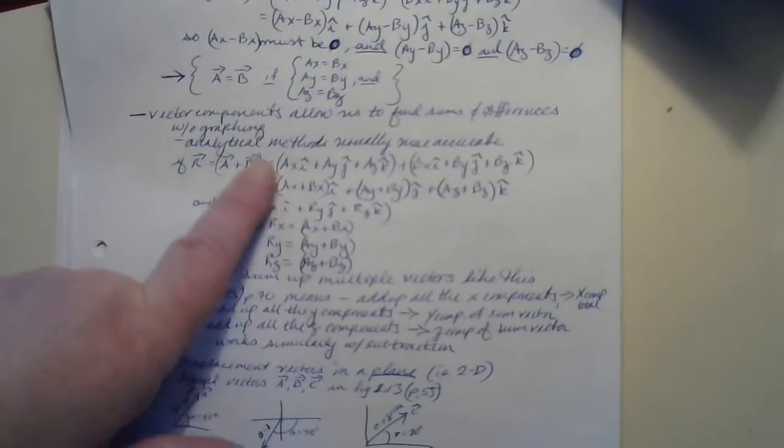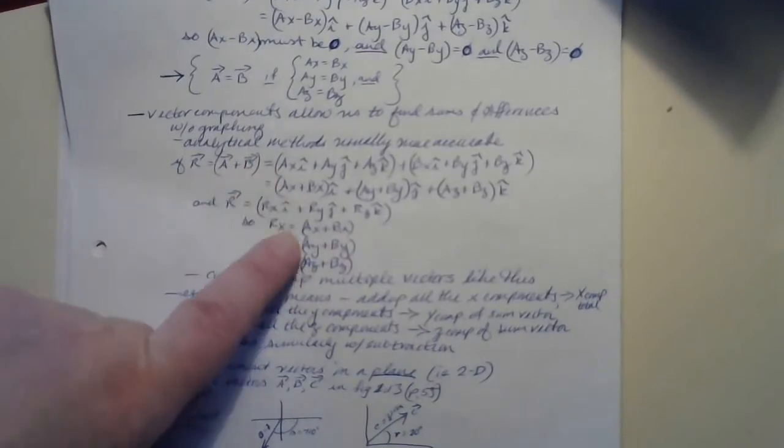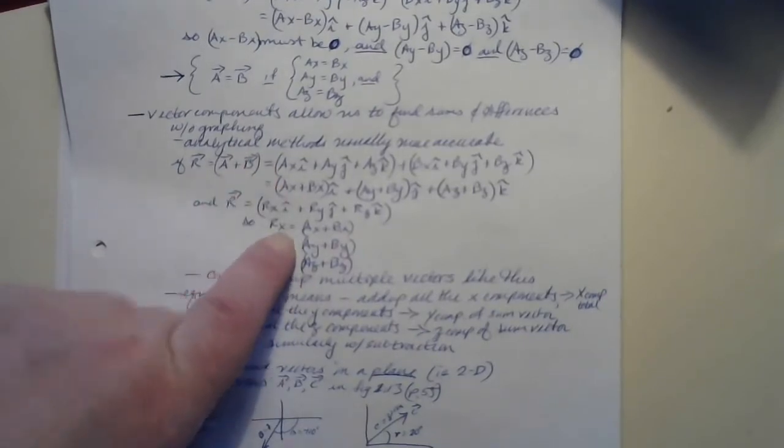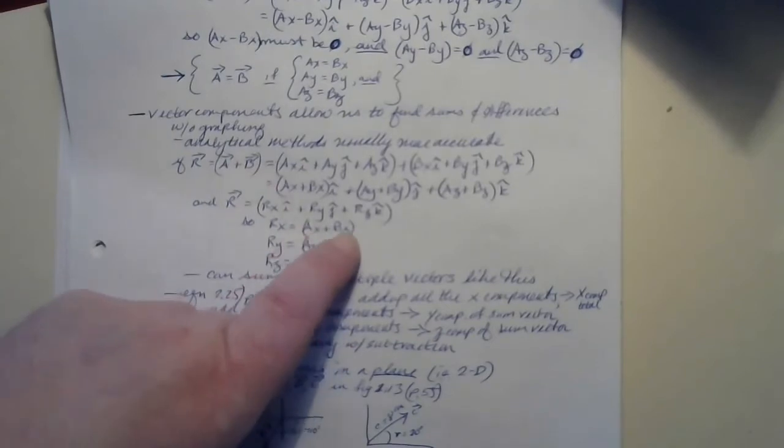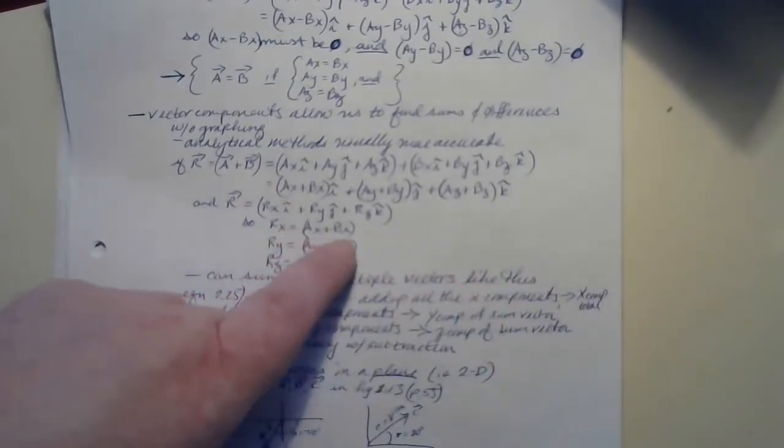In this case, we were adding 2 vectors A and B, so the x component of the resultant vector is the x component of A plus the x component of B. If we had other vectors, C and D and E and so on, then you would just add in those x components also until you run out of vectors.